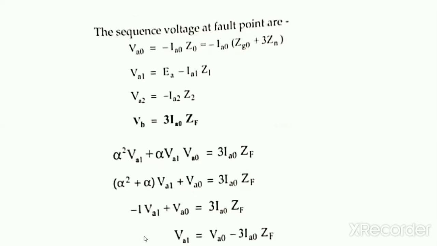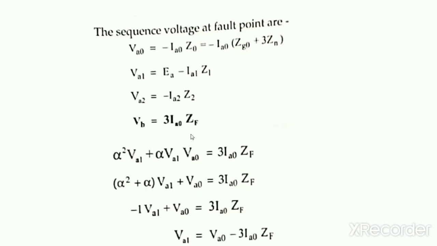Therefore, we substitute the VA1 value. VA1 is equal to EA minus IA1 into Z1. We substitute EA minus IA1 into Z1 is equal to VA0. What is the VA0?